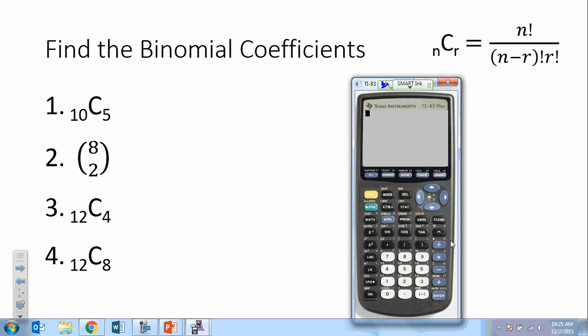Okay, so 10C5 means that we're going to take, here's our n, here's our r, 10 factorial divided by (n minus r) factorial times r factorial.